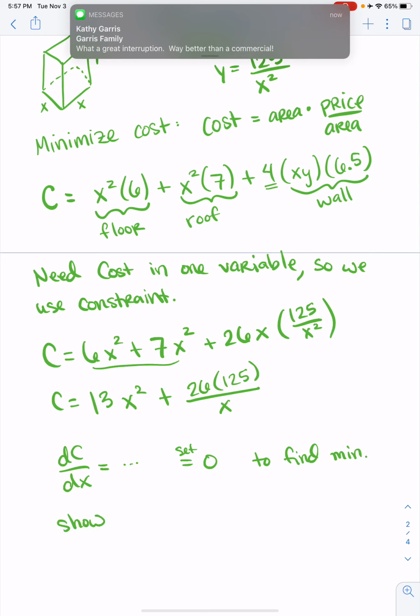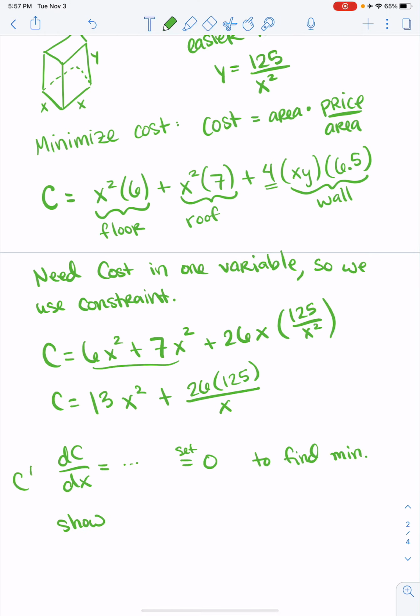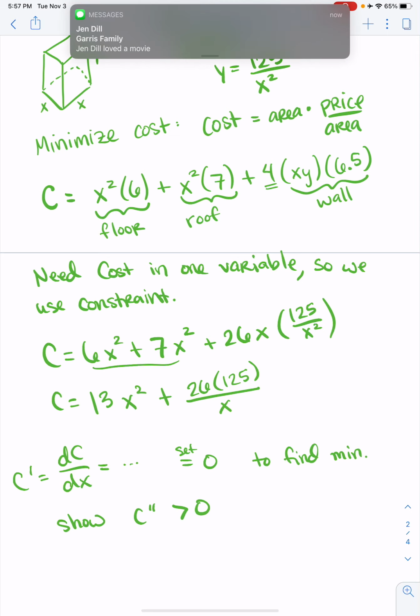This is C prime. You want to show C double prime, so take another derivative, again, just 2 power rules. You want to show that C double prime is greater than 0, which is a minimum, check.